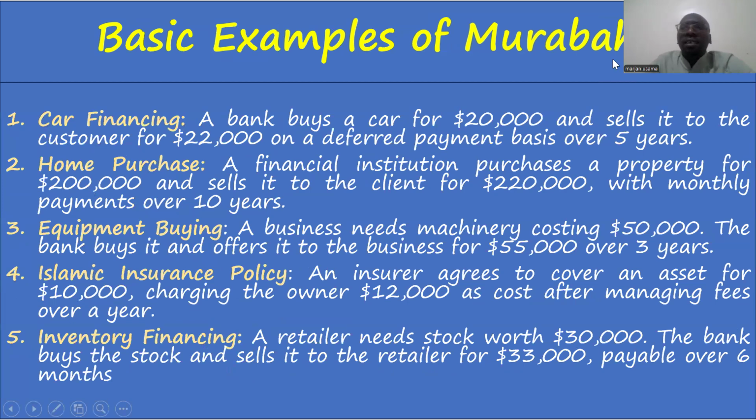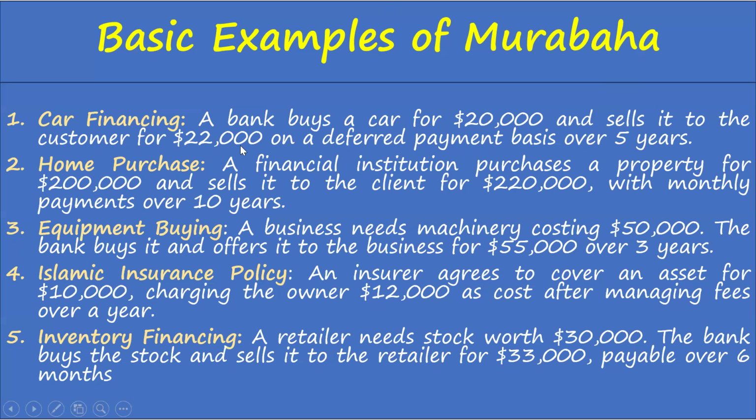Now, these are the basic examples of Murabaha. For example, car financing. I want to buy a car. I don't have the money. What will happen? A bank buys a car for $20,000 and sells it to the customer for $22,000 on a deferred payment basis over 5 years. So here, the bank buys the car for $20,000, but it is selling it for 22.